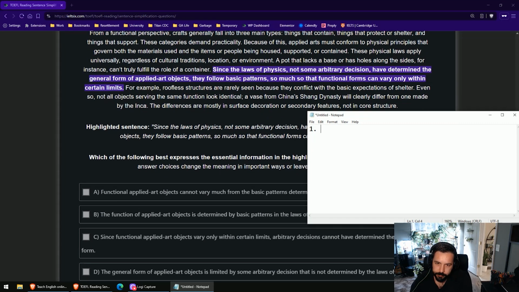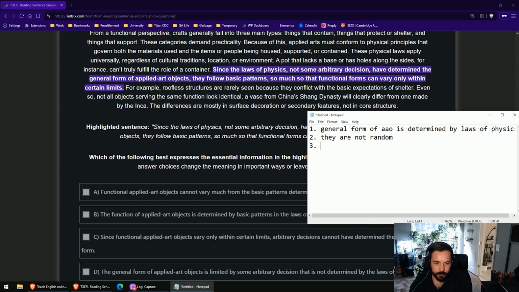So, the general form of AAO, applied art objects, is determined by laws of physics. Okay. They are not random. And 3, they are limited in their range or variety, let's say, because of the laws of physics.